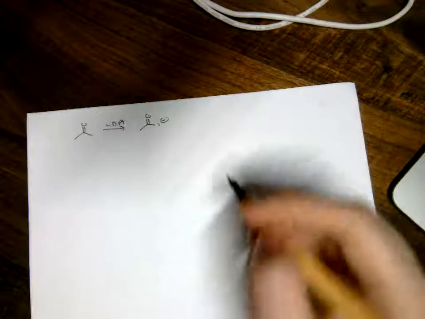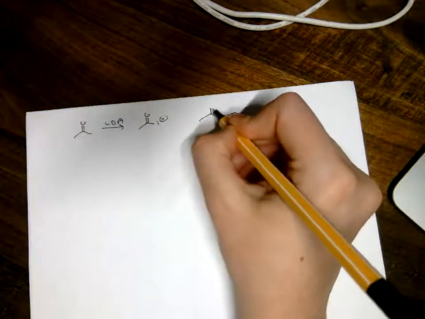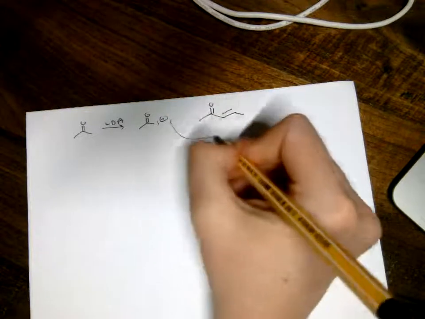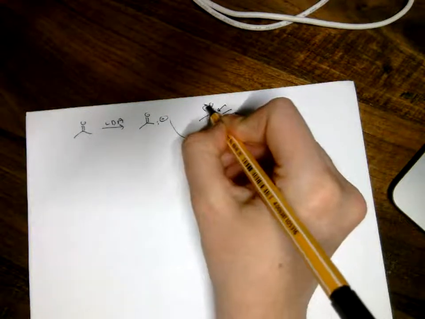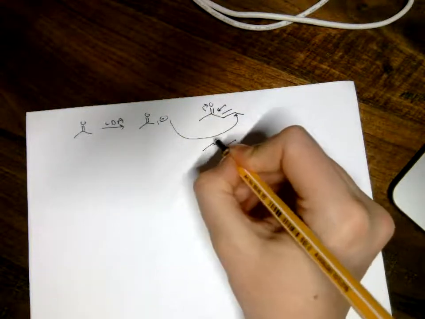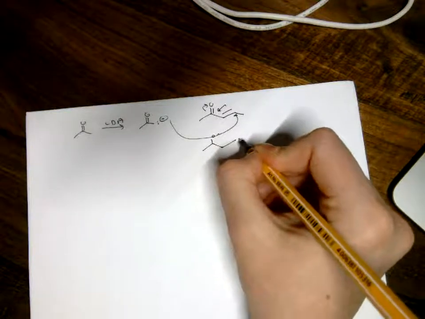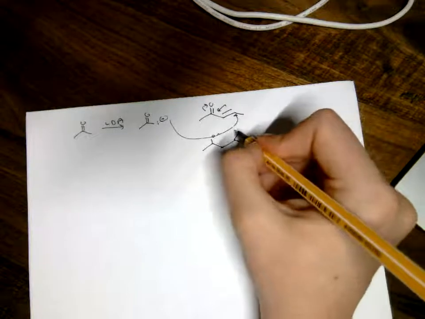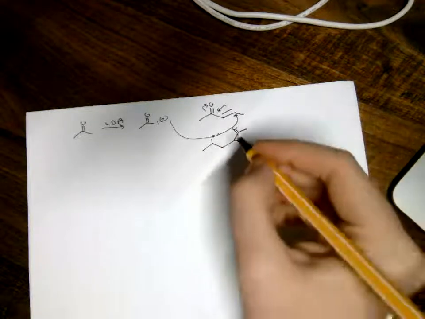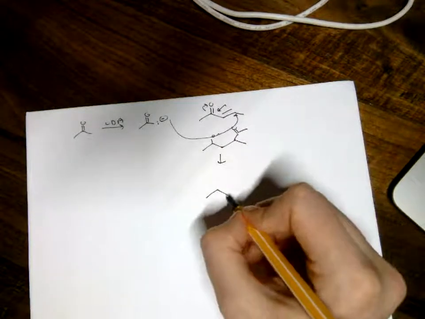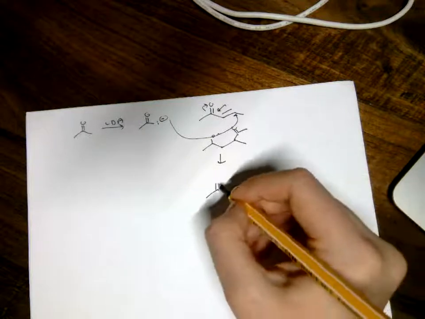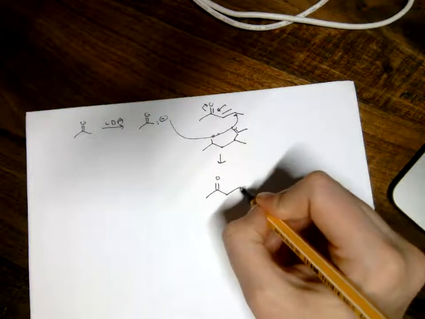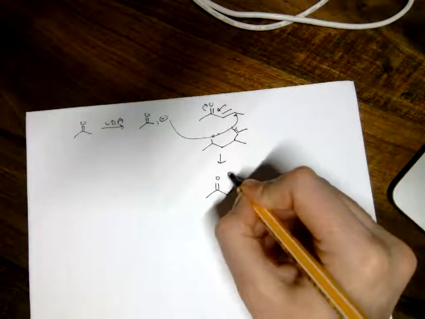And then you are attacking an alpha beta unsaturated ketone, you'll get a mixture of 1,2 and 1,4, O minus, with your nucleophile right here.